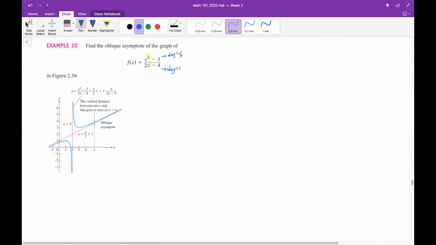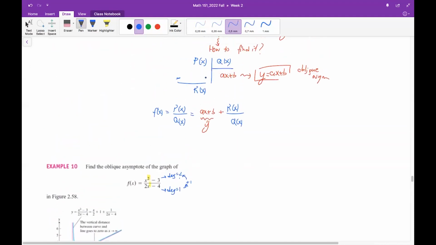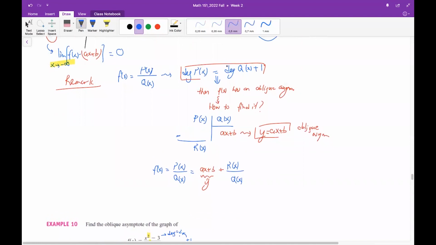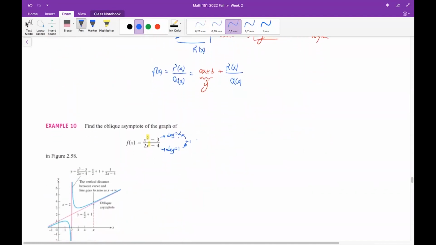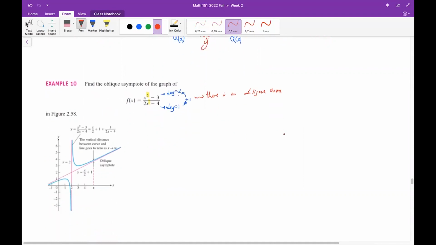So, you know, if you add 1 to this one, you obtain this. That's why this equation holds: the degree of the numerator is 1 more than the degree of the denominator, so there is an oblique asymptote.